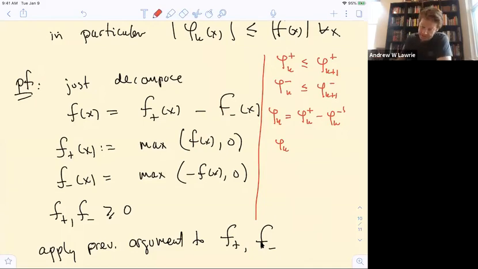And then phi k plus minus phi k minus, I'm rewriting things, is less than or equal to phi k plus 1 plus. And then let's see. Oh, I should put minus 1 here. Oh, do I take the other ones to be decreasing? Decreasing, maybe?